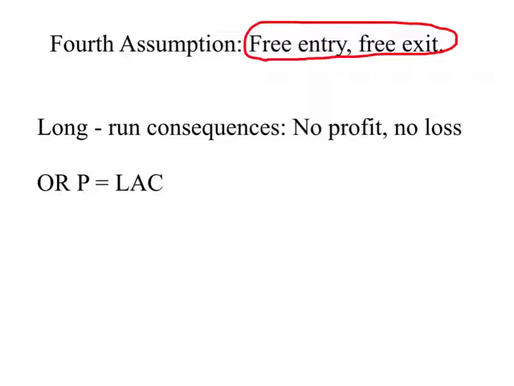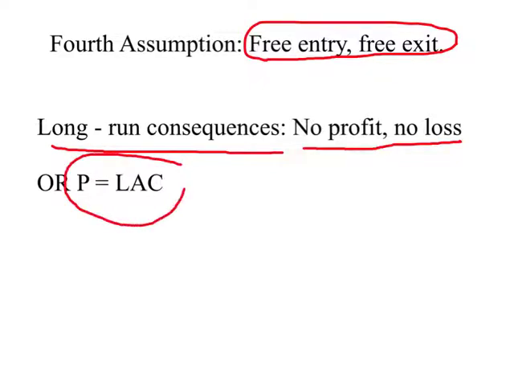And the consequence of this assumption is that in the long run, a firm under perfect competition will be under no profit, no loss, or in other words, price will equal long run average cost, and this will ensure that the firm is neither earning profits nor incurring losses.